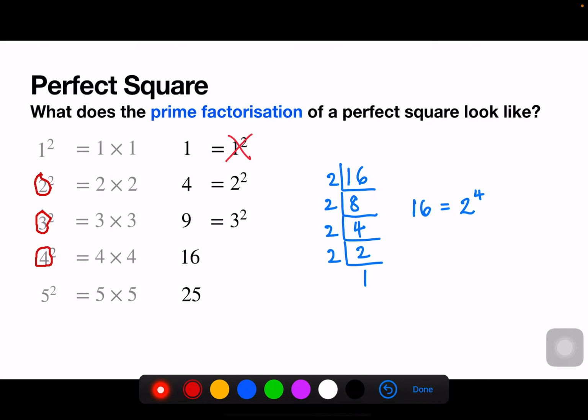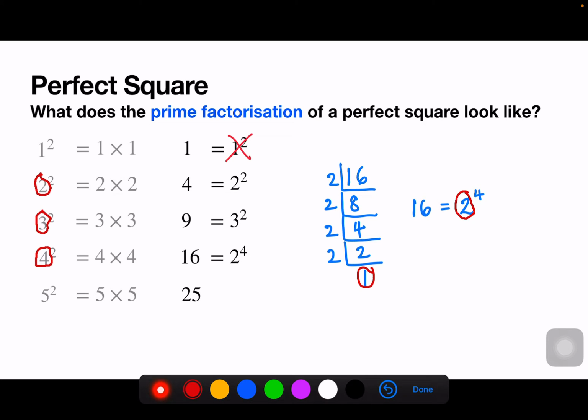Let's do this. 16 divided by 2, we get 8, 8 divided by 2, we get 4, 4 divided by 2, and so on until we finally get 1 at the bottom. Then 16 can be expressed as 2 to the power of 4, and 2 is a prime number. So we can express 16 as 2 to the power of 4.